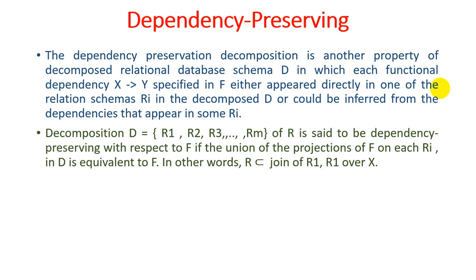So that's why we say F is the union of the projections of F on each Ri in D, which is the actual database through which we decompose all the relations.